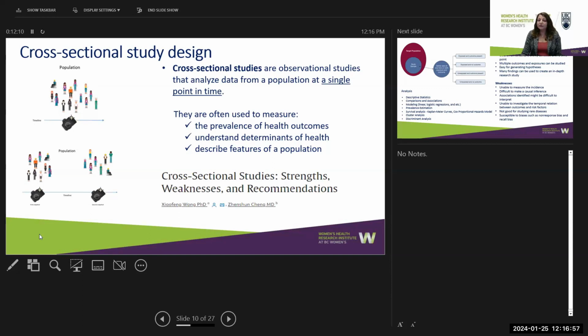There is a more complicated study design that we also call cross-sectional, when we actually do two snapshots of the population and compare them. For example, I had this study of HIV positive and negative women where we tried to answer the question about comorbidities, whether there is a difference in comorbidities.